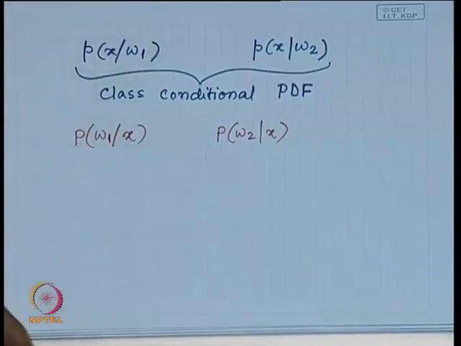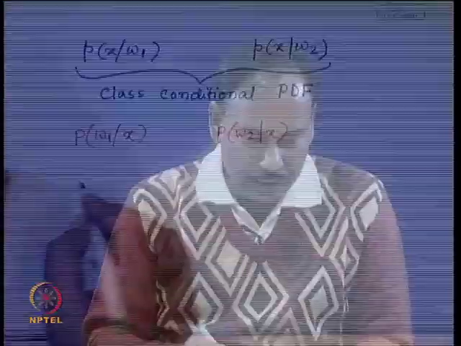Now, from preliminary probability theory, you know the joint probability density function that an object belongs to class, say, omega i. Let me generalize this: instead of calling omega 1 and omega 2, let me call it omega i, which can have a value 1 or 2. So, a joint probability that an object belongs to class omega i and at the same time has the feature x. This is not a class conditional probability, this is a joint probability.